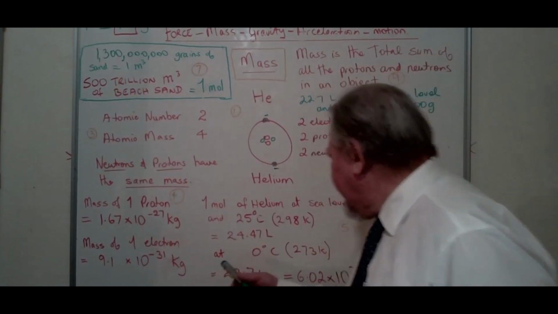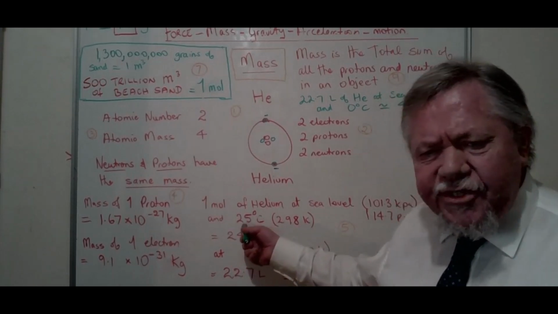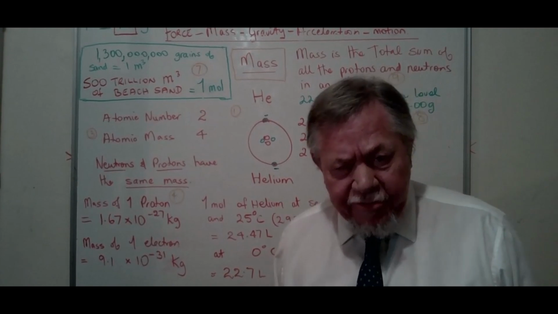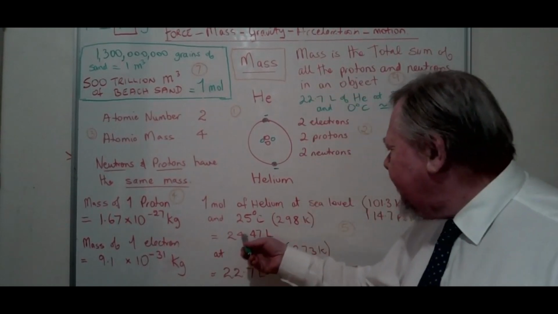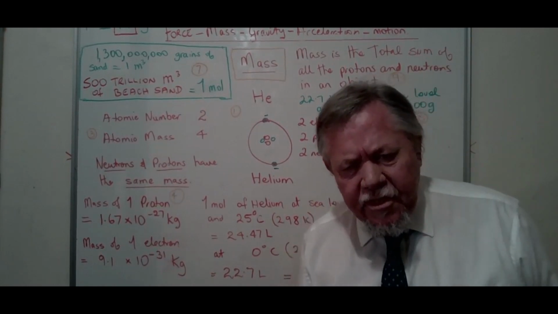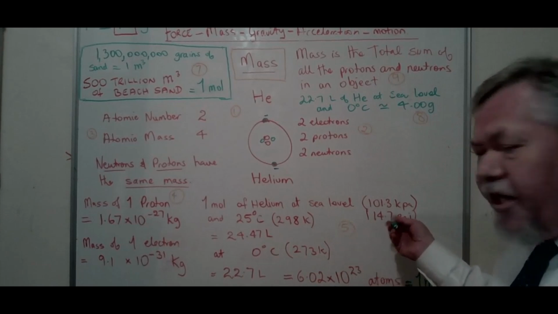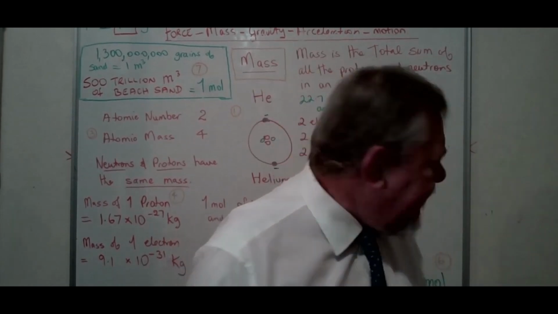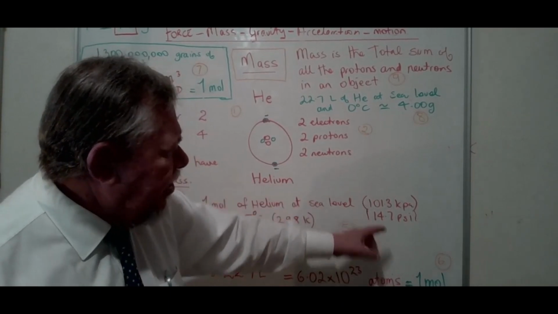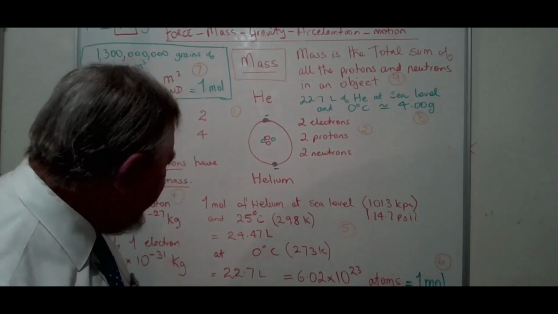Okay, so we can work out that at 25 degrees C, and temperature matters, pressure matters, so at 25 degrees C, which is 298 Kelvin, and at sea level, by the way, that's important, so at sea level, 101.3 kilopascals or 14.7 psi, what do we get?